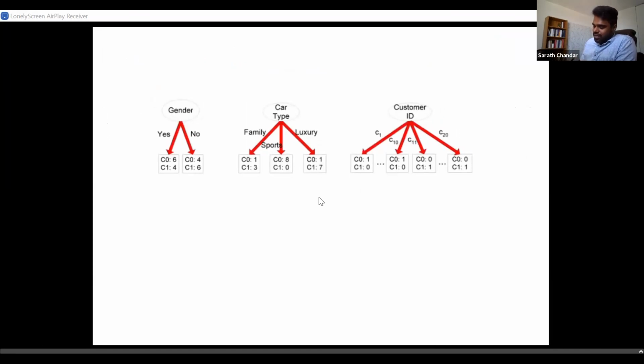Remember that before the split, I had C0 10, C1 10. Now I could either split it based on gender, in which case this is how the split is going to be, or I could split it based on the car type, and it is going to divide the data set into three parts like this.